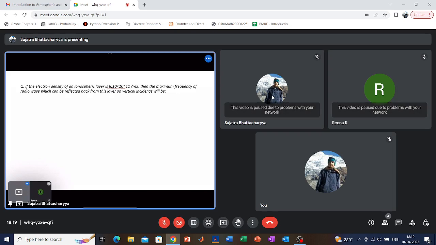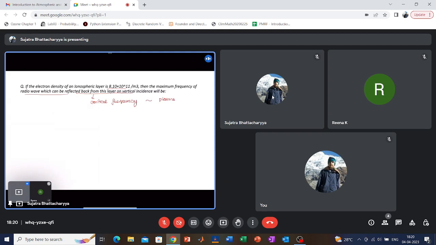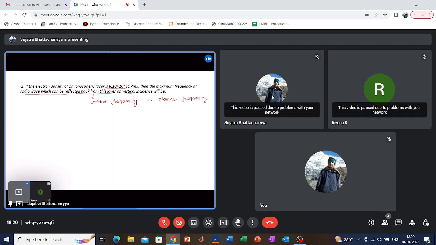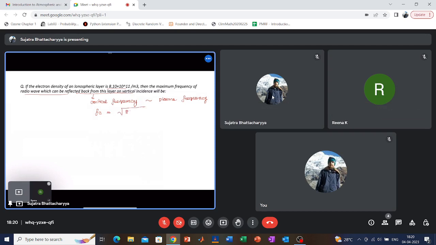You can see that the frequency of the radio wave which can be reflected back is nothing but the critical frequency. And critical frequency is nothing but the plasma frequency, which we will discuss today. This critical frequency is given by Fc equals root over 81 into Ne.